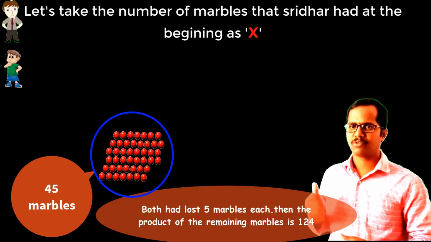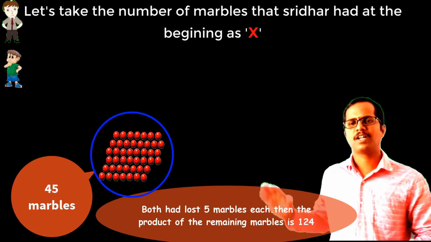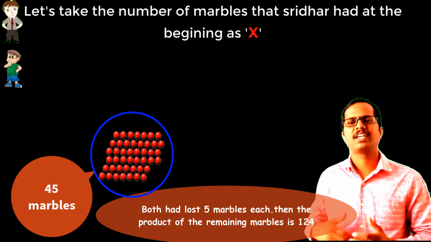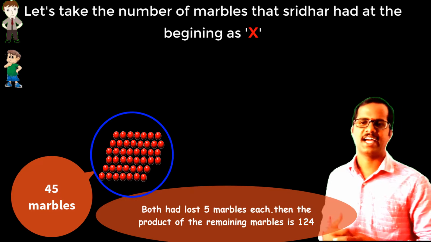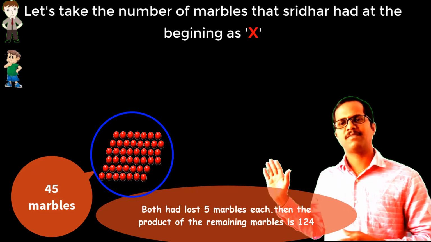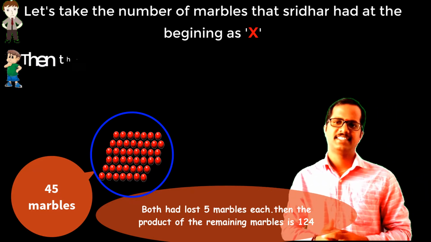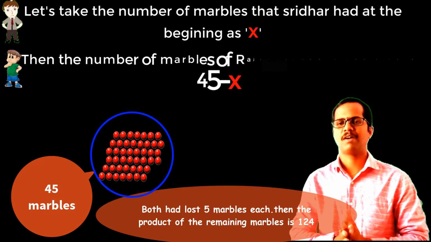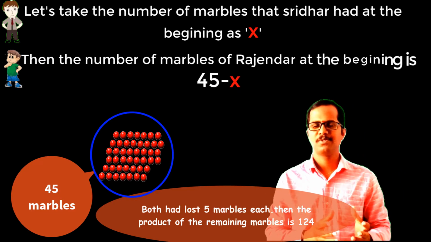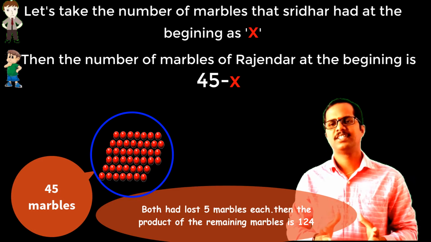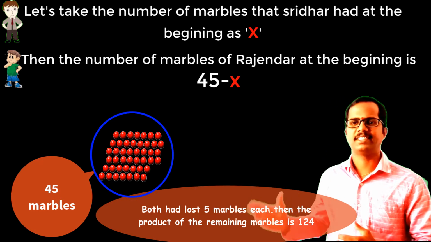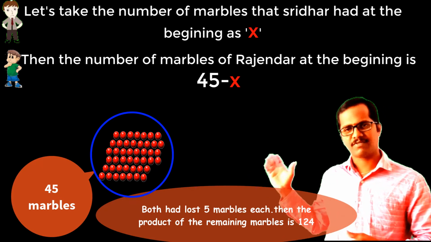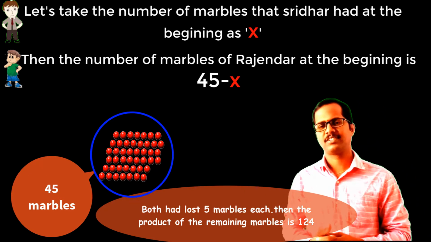From the total marbles, if we subtract the number of marbles of Sridhar, then we get the number of marbles that Rajendra had. So the number of marbles that Rajendra had is 45 minus x. So we assumed the number of marbles of Sridhar as x and the number of marbles of Rajendra is 45 minus x.